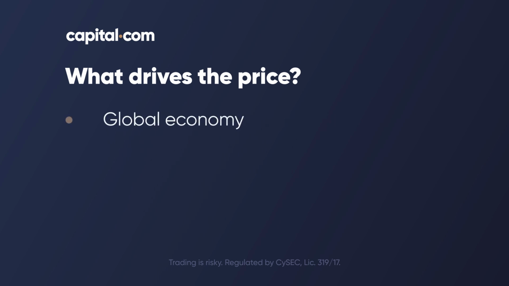So the state of that global economy will be a major factor in fluctuations in the oil price. When the economy is booming, factories are at full capacity, churning out goods, they're getting shipped around the world. Clearly, there's a lot of demand for oil. So we'd expect the price to rise in the good times.